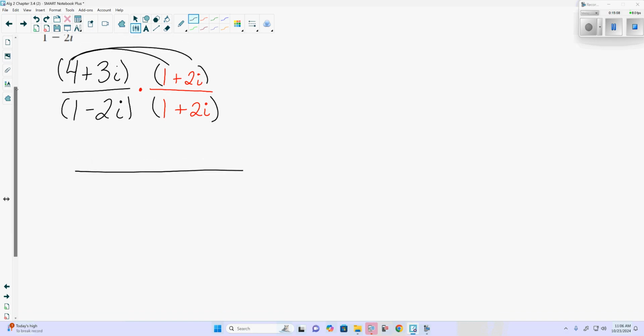So on top, the first thing we're going to do is 4 times 1, which is 4. 4 times 2i is going to be plus 8i. Then we do the same thing with 3i. 3i times 1 is going to be plus 3i.